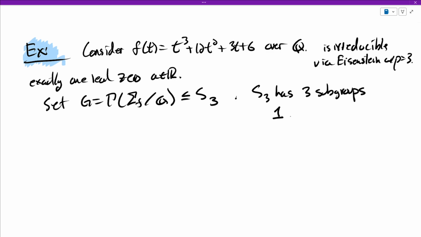They are the trivial group, everything, or the alternating group on 3 letters. So G is one of them. G cannot be trivial because there's at least one zero. So we know G is not trivial.